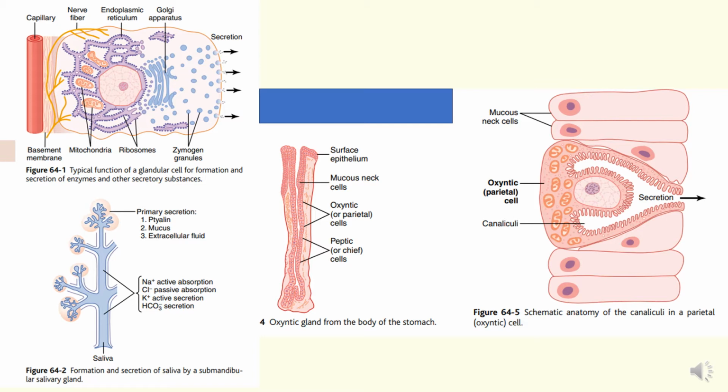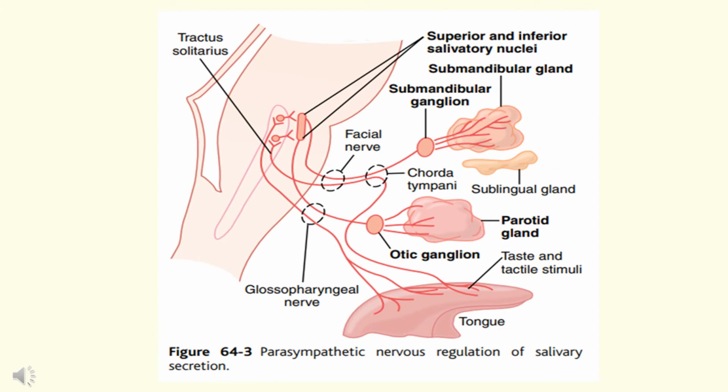An oxyntic gland from the body of the stomach is also presented here. Schematic anatomy of canaliculi in a parietal cell is also shown. Parasympathetic nervous regulation of salivary secretion is also presented here for your better understanding.